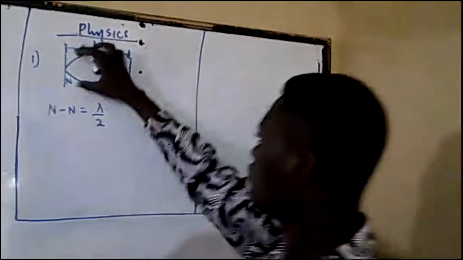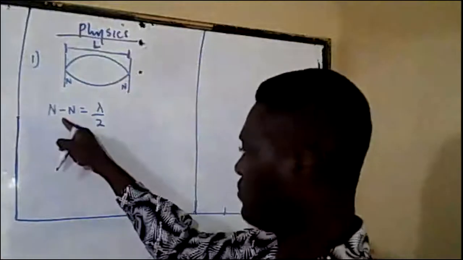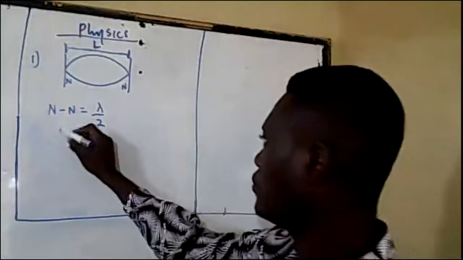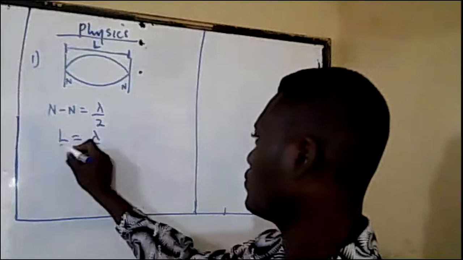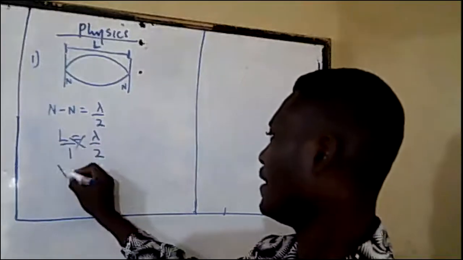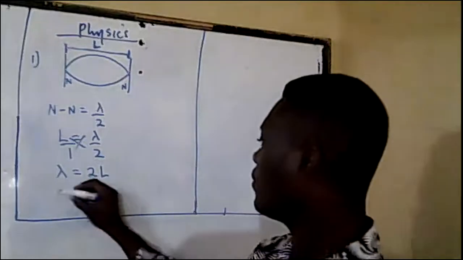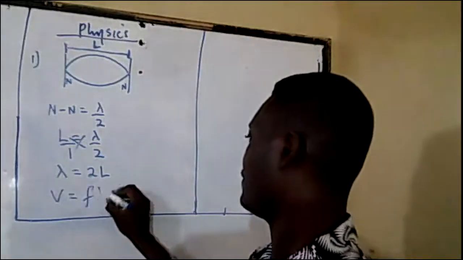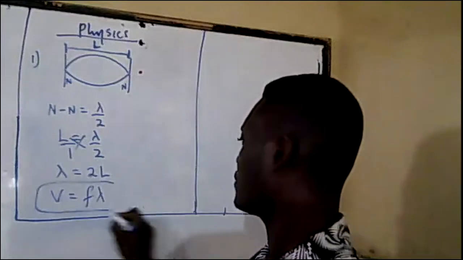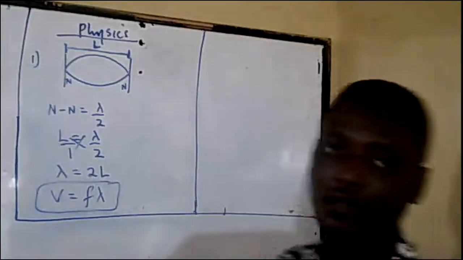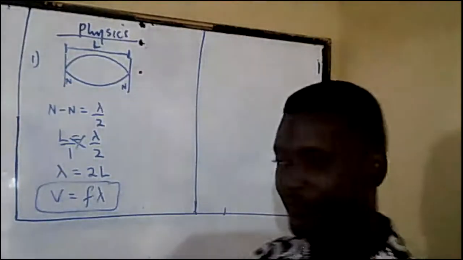Equating this length to the wavelength that we are going to get here. So from node to node, L is equal to lambda over 2. When we cross multiply, our lambda will give us 2L, right? Now we know that V is equal to F lambda. This is the wave formula.